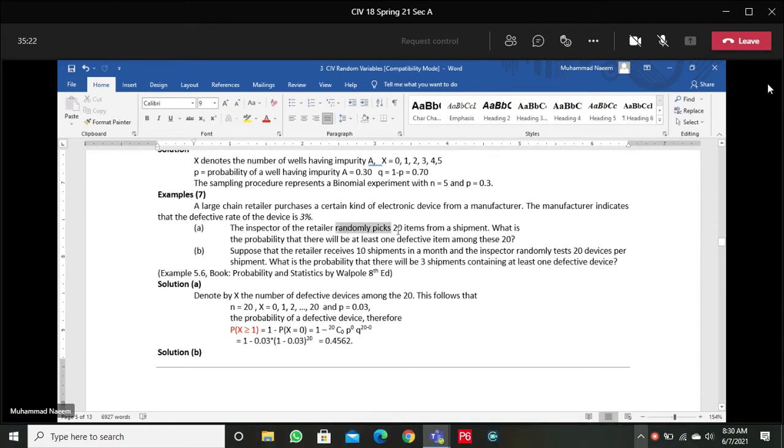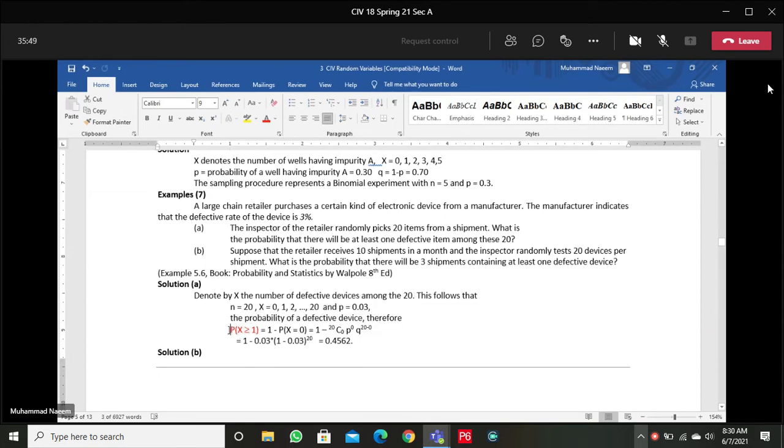Now, a sample of 20 is picked up from a shipment. What is the probability that there will be at least one defective item in our sample? As at least one is required, we will preferably use the complementation law.